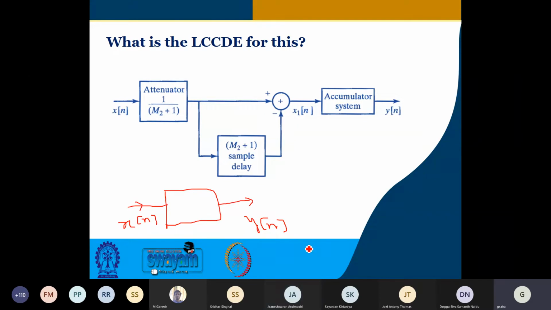Sir, when I have completely expanded it, I get y[n] dependent only on the previous M2 plus 1 terms of the input. Good. Both of you are correct in the way you are thinking. Now we shall discuss it, and that perhaps will explain the other question also, which somebody raised in between.